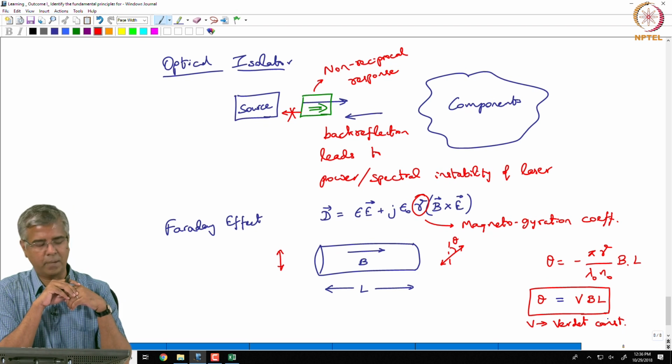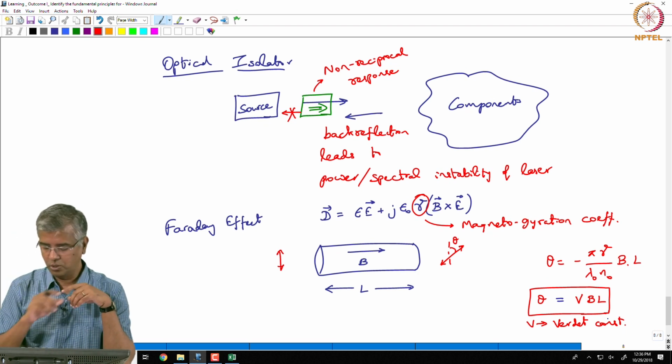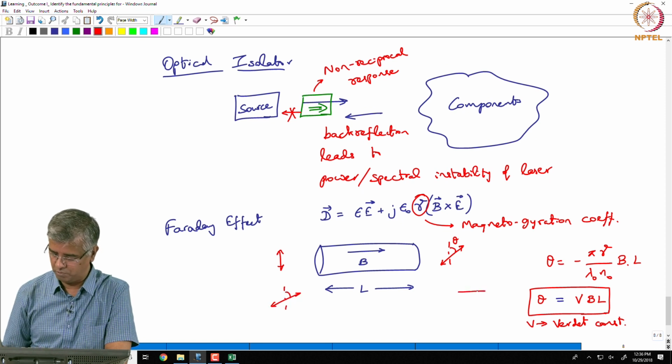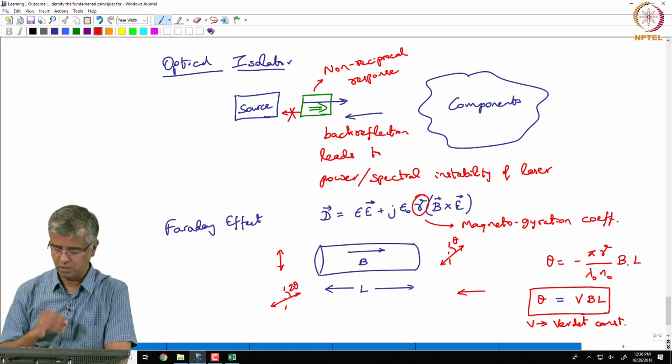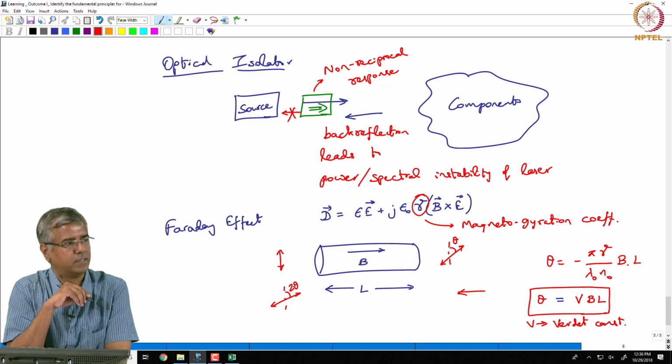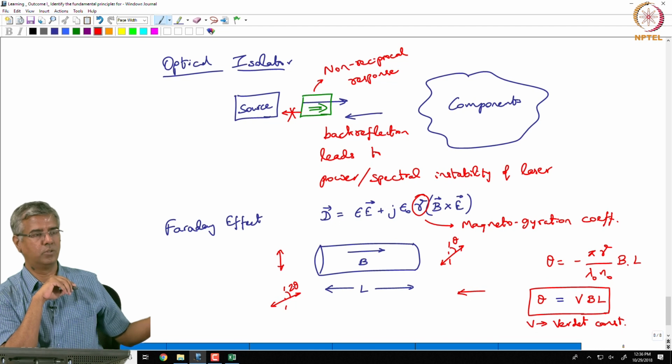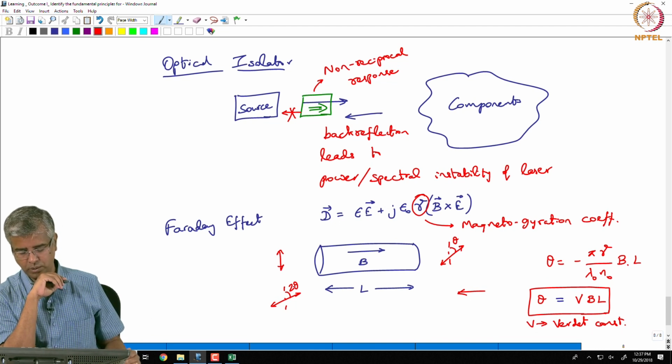So, for the Faraday effect, in this magneto-gyration effect, if you came in with that polarization, you would have gone out with 2 theta as your polarization of the light going towards the left.